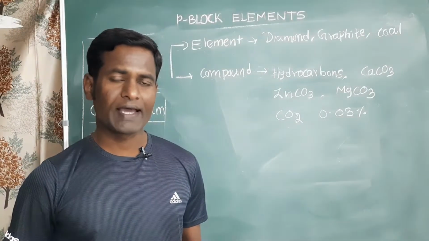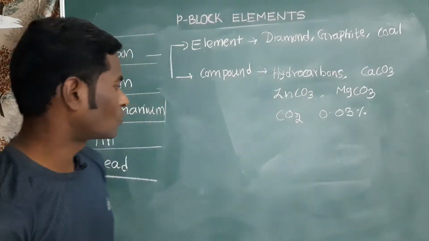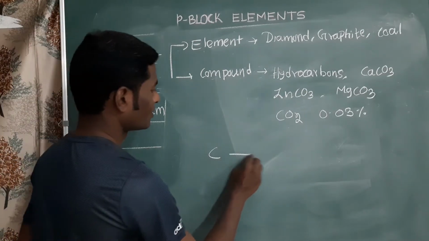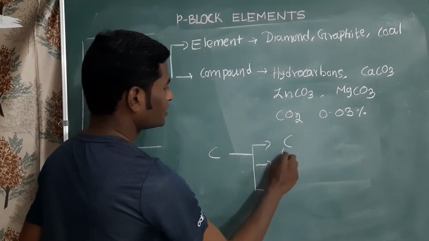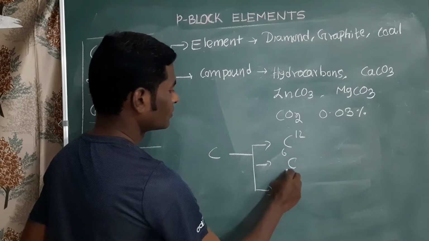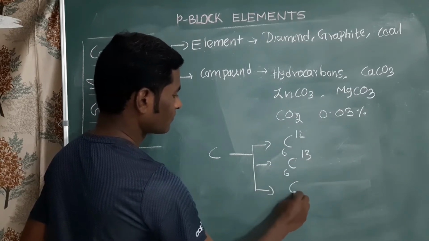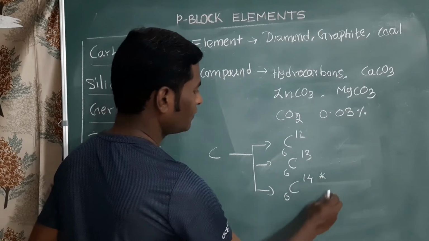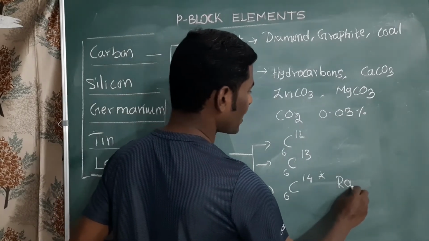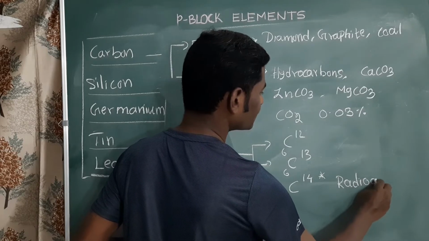This carbon has 3 different isotopes. What are the 3 different isotopes of carbon? C12, C13, C14. Among these, C14 is radioactive in nature.